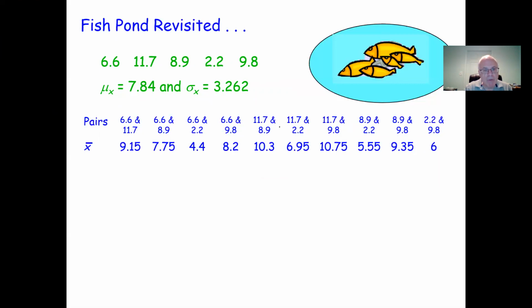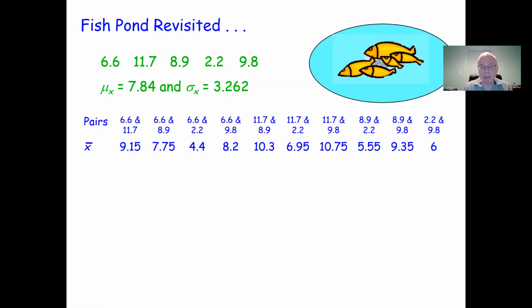These are all different possible combinations of 2 fish that we can get from a population of 5 fish. If we added these 2 numbers and divided by 2 for each of these samples, these would be the means. So we have 10 possible samples of size 2, and we have a mean for each of those samples.